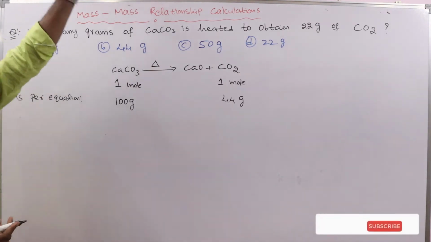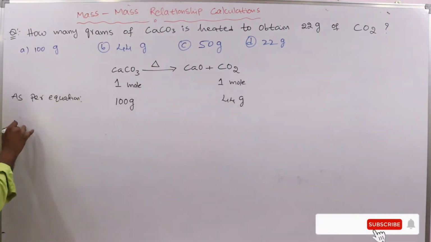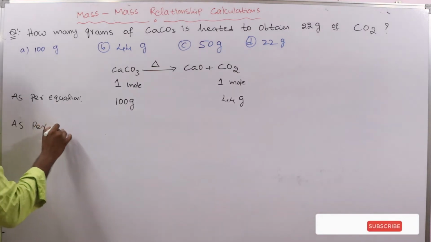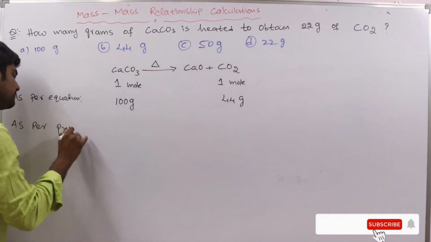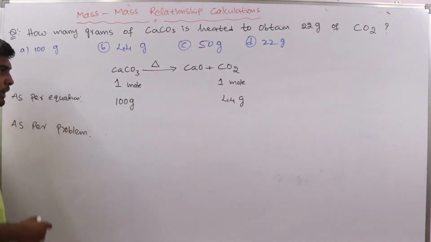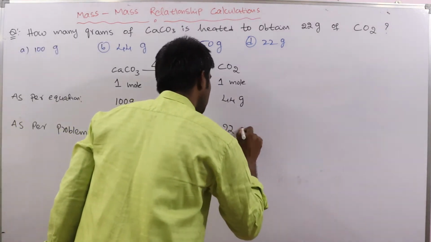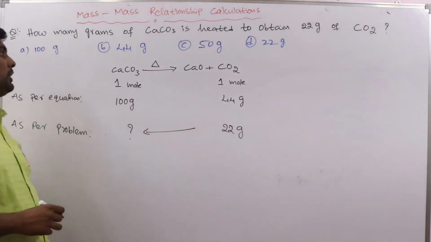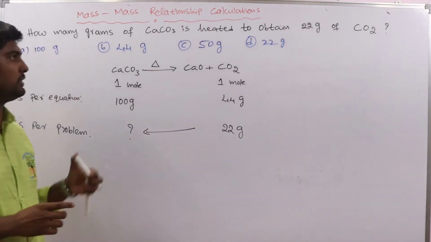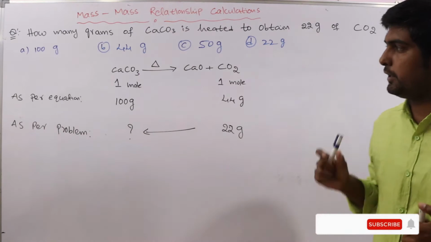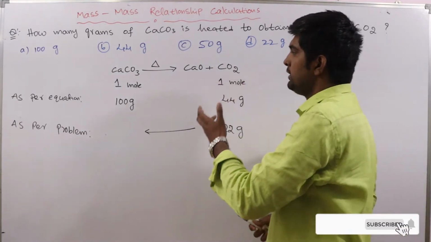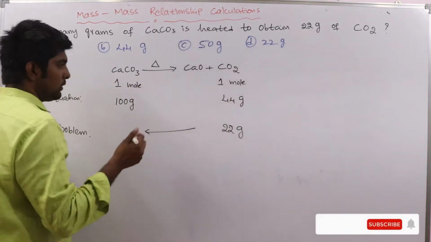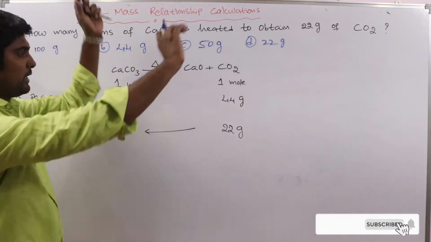Now, as per the question, next write like this. To get 22 grams of CO2, we need how many grams of CaCO3? This is the given problem. Simple technique: do the cross multiplication here.